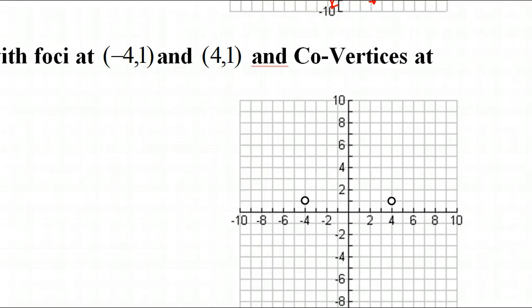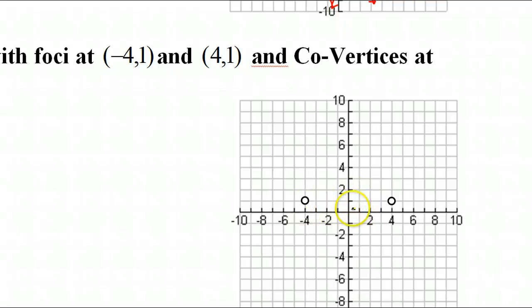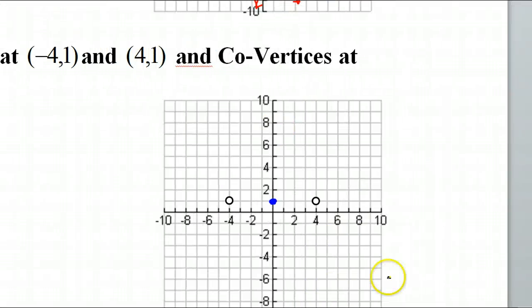Now, just so I can do this as I go along, that gives me the C value. Well, first of all, it gives me the center, because the center of this ellipse will be halfway between these. So look, it's 4 to the left, 4 to the right. So the center is definitely right here. So I know that my center is (0, 1).